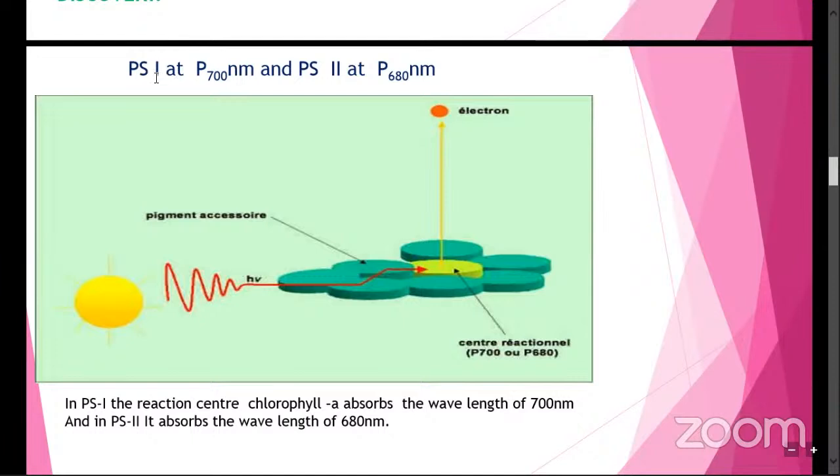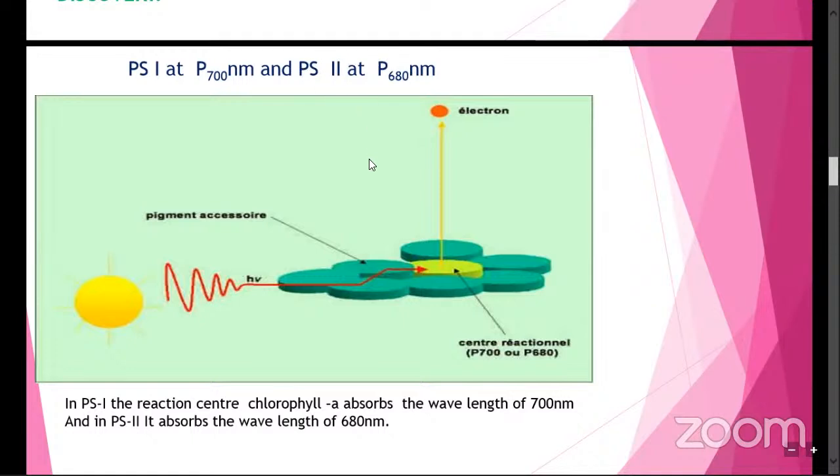In PS1, the chlorophyll pigment and accessory pigments receive the 700 nanometers wavelength light, red light. And in PS2, it absorbs 680 nanometers wavelength light.